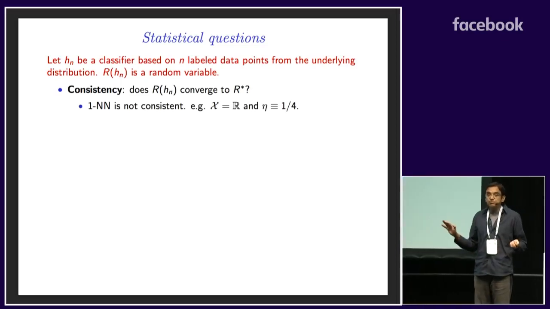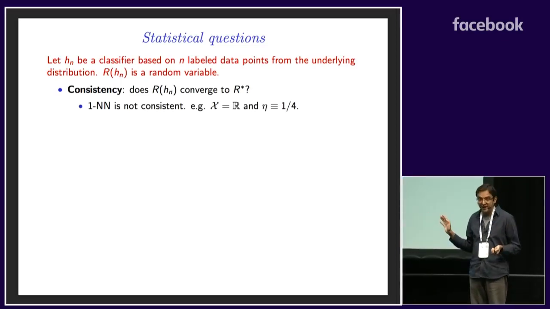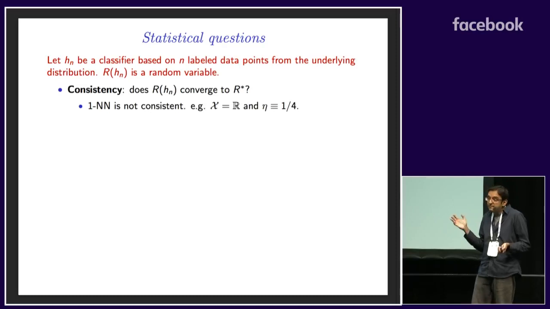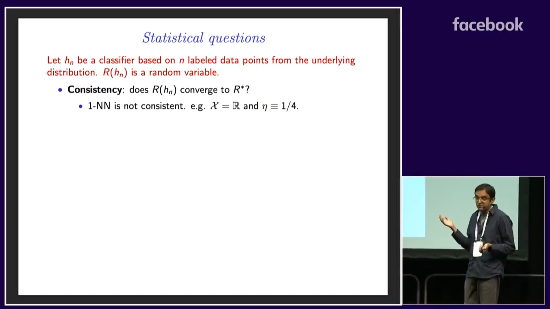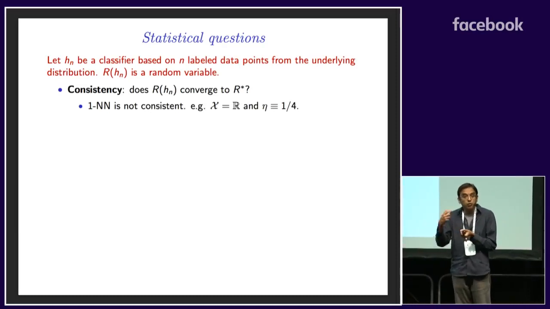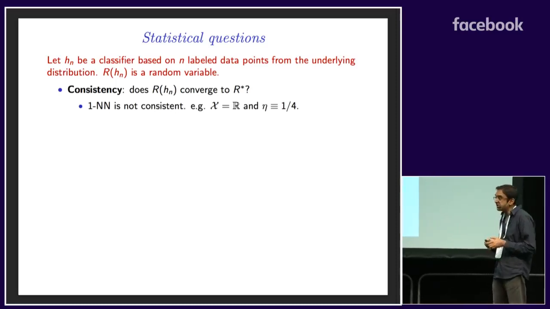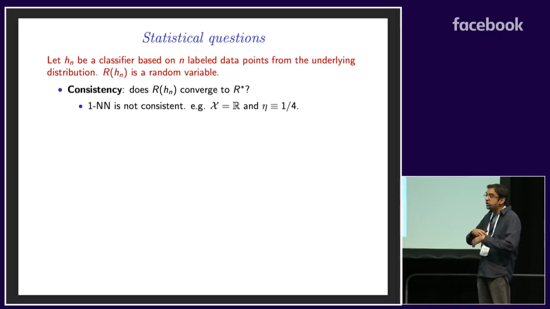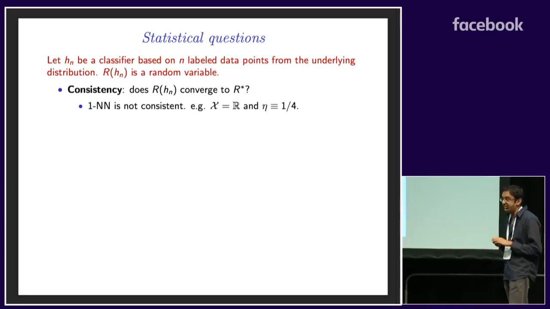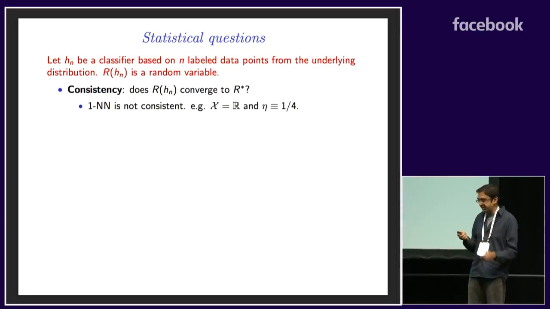So clearly, the best prediction is just to say 0 everywhere. That's the optimal thing to do. But that's not what one nearest neighbor is going to do. One nearest neighbor, a quarter of the time, is going to have a label of 1. Okay? So one nearest neighbor is suboptimal no matter how many data points you have. So consistency fails in this case.